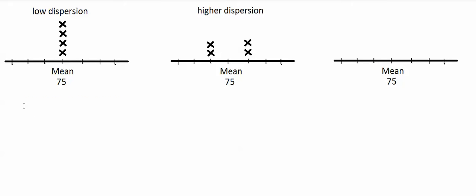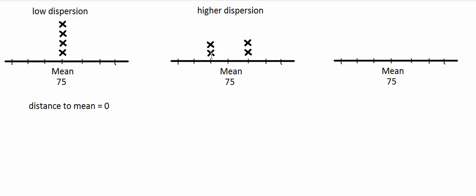So we could say that the distance from each value to the mean is 0 in this data set. In this data set, each person is 1 away from the mean, because this person who got a 74 is 1 away from the mean.